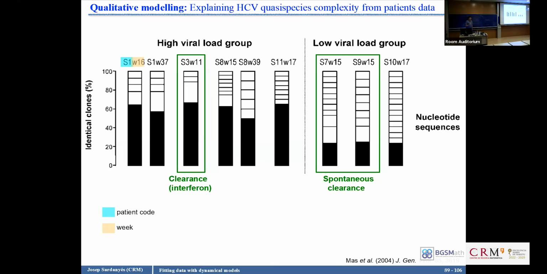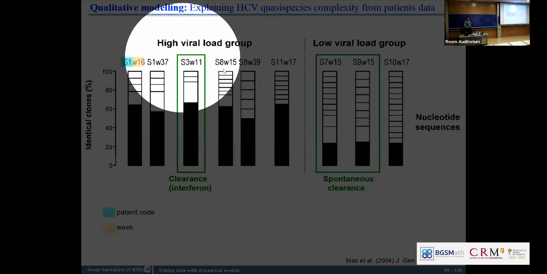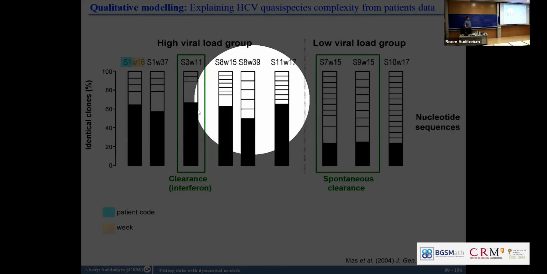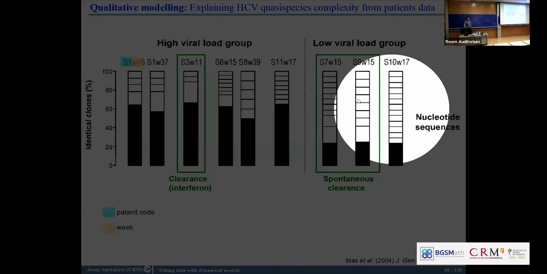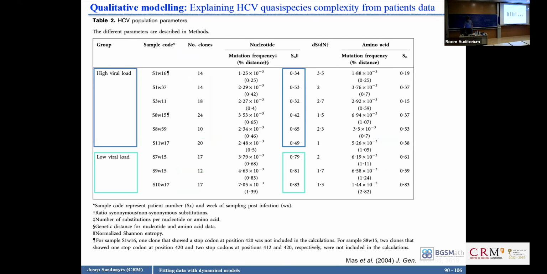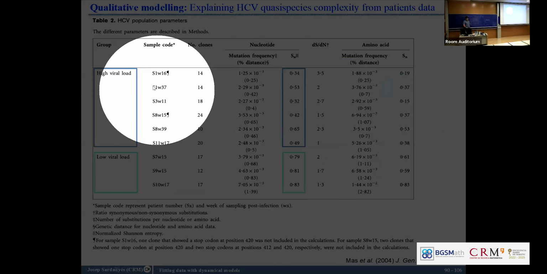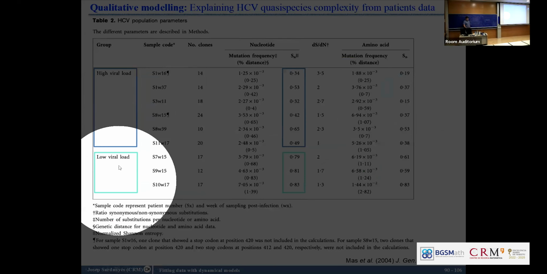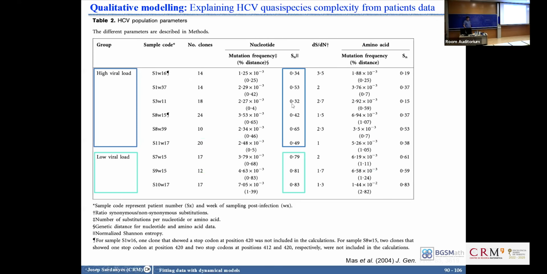So the question was, can we make a simple model to reproduce this effect? High viral load, low quasi-species variance; low viral load, high quasi-species variance? This is a very hard question. Other things they saw: they quantified, for the high viral load and the low viral load, entropy measures, Shannon entropy.